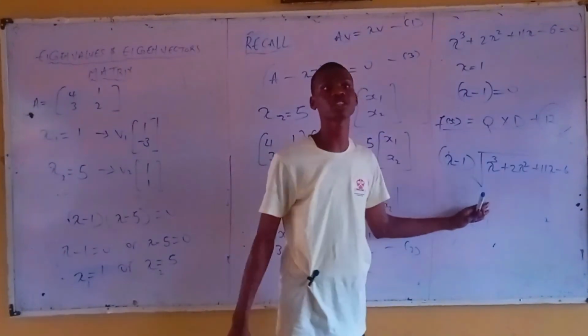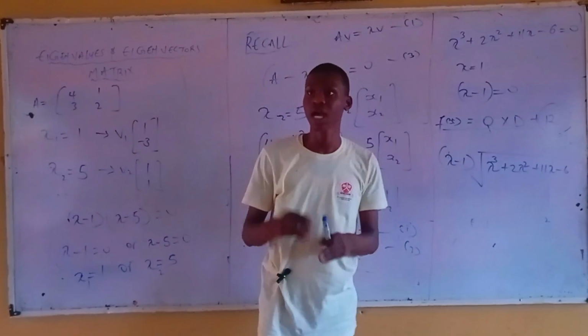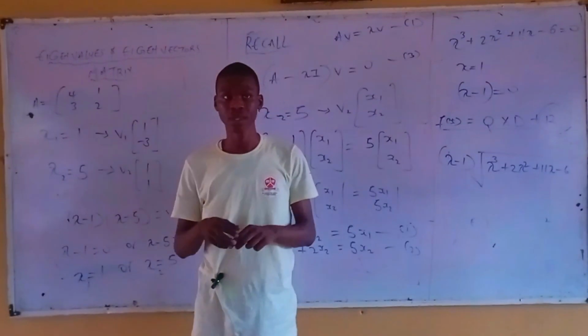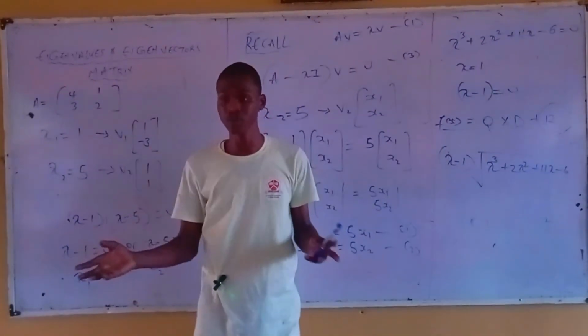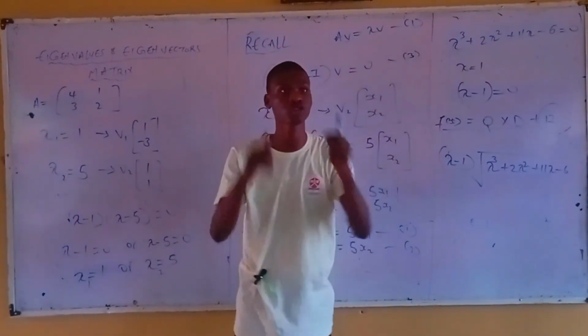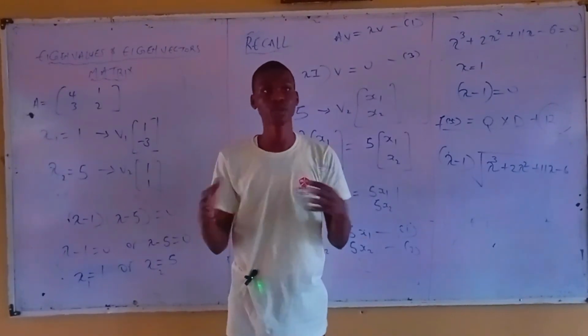By the time you solve this long division, you get a quadratic equation that you'll be able to factorize and get the other roots, right? But there's a trick you can use. In an exam, you can quickly input any given polynomial into your calculator and know those roots. And from there, you just play with it.